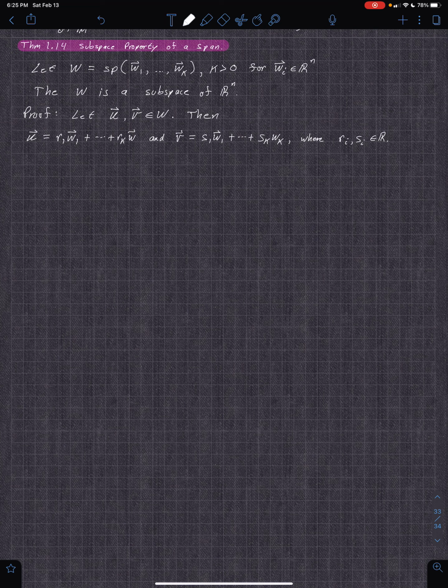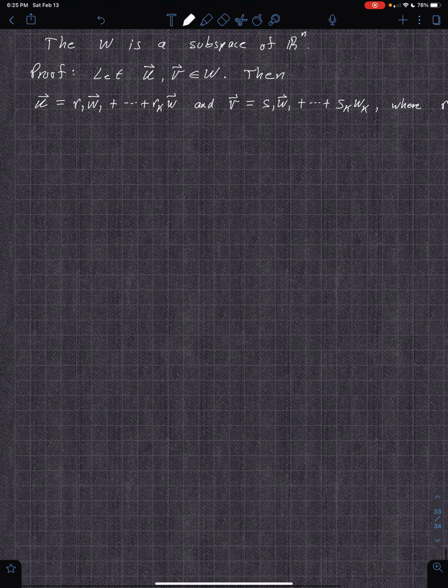Now, to show subspace, what do you need to do? You need to show that the sum is also in W and the scalar multiple is also in W. So it's always those two steps of what we're showing. Okay, so let's look at the sum. So u plus v is going to be all of that plus all of that.